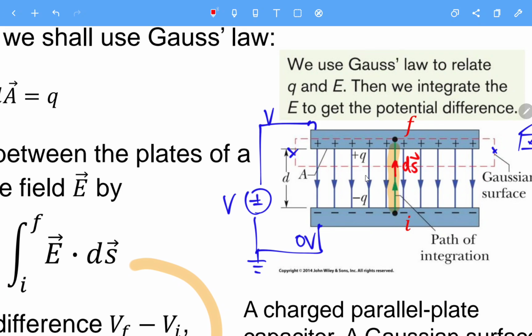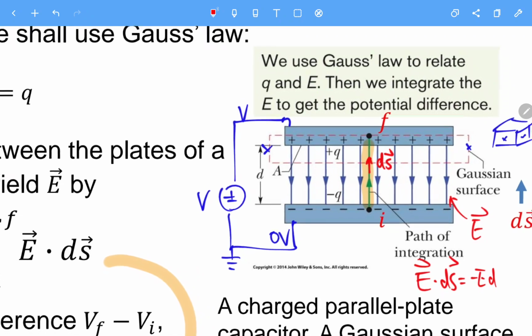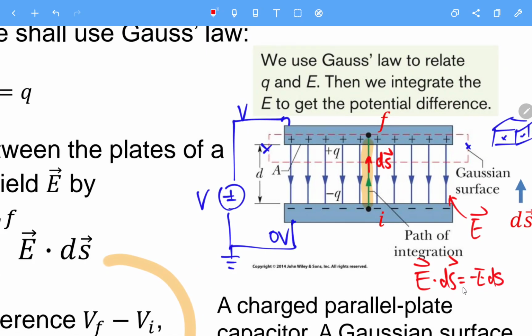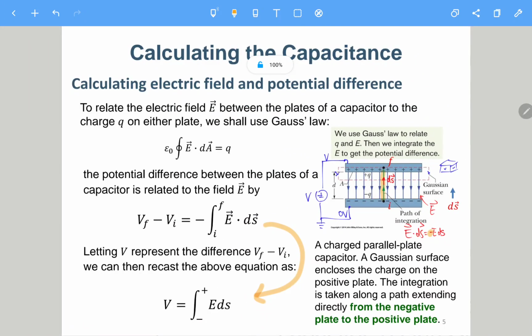And of course the E field is pointing downward. So you can see that E dot ds should be negative E times ds, because E and ds point in opposite directions, so we have a negative sign here. In this case, this negative sign and this negative sign cancel.